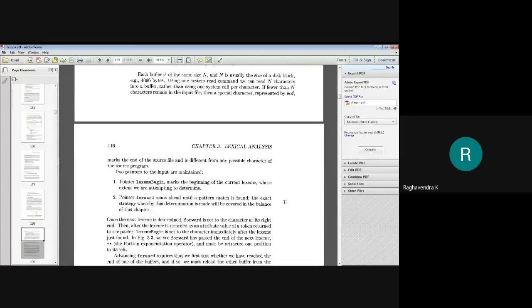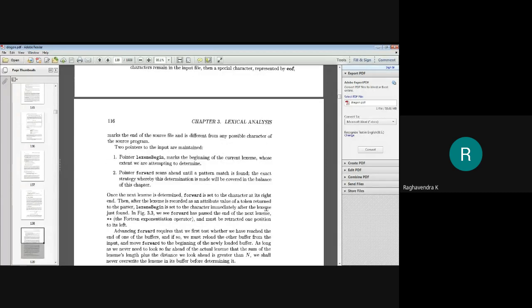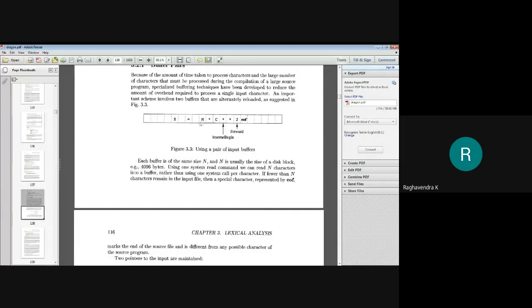Lexeme begin marks the beginning of the lexeme that we are trying to estimate, and forward is basically a pointer that would be advanced to find out the boundary of that particular lexeme. Okay, and every time we advance the forward pointer, we will check whether we have reached the end of the buffer. So if we have reached the end of the buffer, we will load the second buffer and continue. Of course, the program itself can end, in which case we will encounter an EOF at the end.